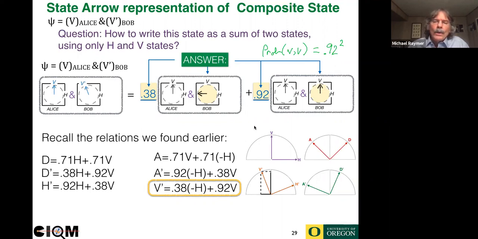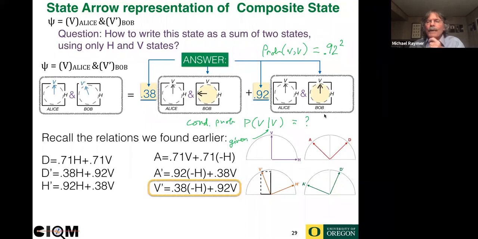But now, here's a different question. Conditional probability. What is the probability that Alice will observe V given that Bob observed V? Remember that says given.